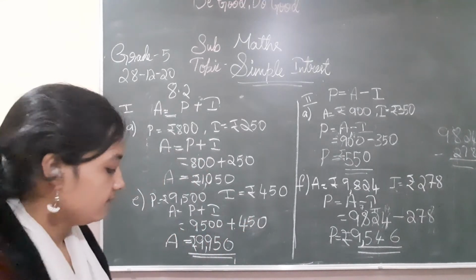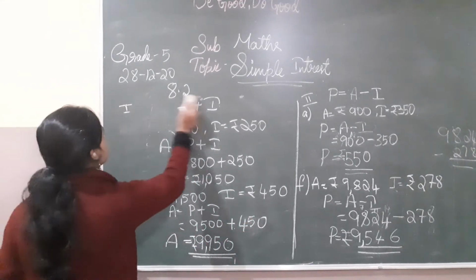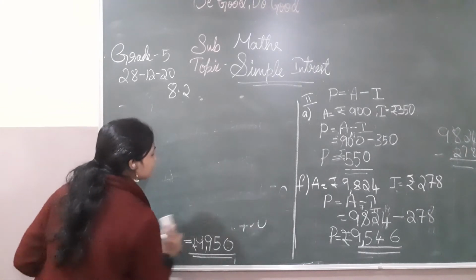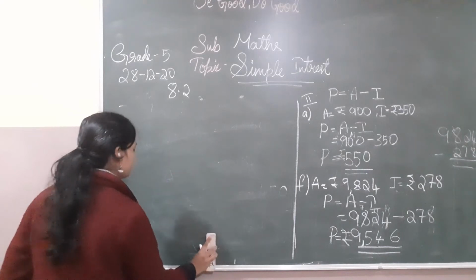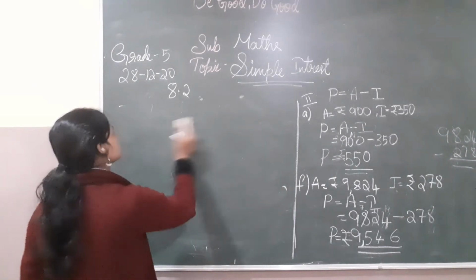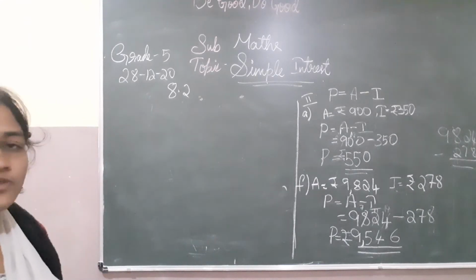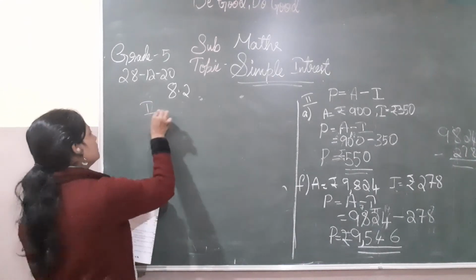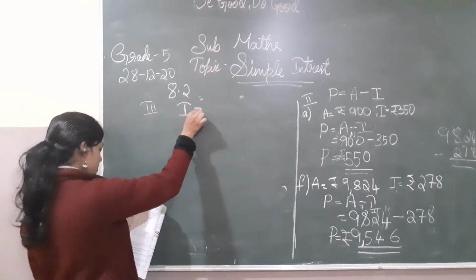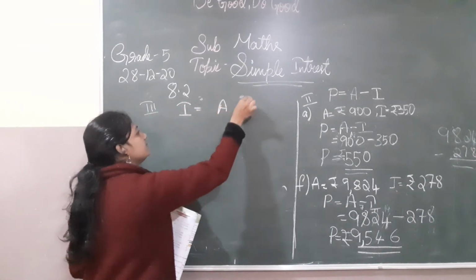Now let's go for the next sum. Third sum, find the interest. So how will you find the interest? You have to find the interest when amount and principal are given.